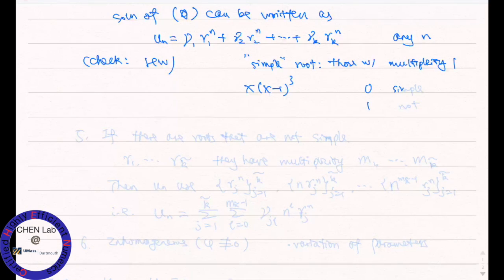And 0 is simple, 1 is not, because 1 has multiplicity 3. Multiplicity is defined this way: you plug in 1, you get 0. You plug in 1 into the derivative, you also get 0. You plug in 1 into its second derivative, you also get 0. You plug in 0, you get 0, but if you plug in 0 into the derivative, it's not 0 anymore.